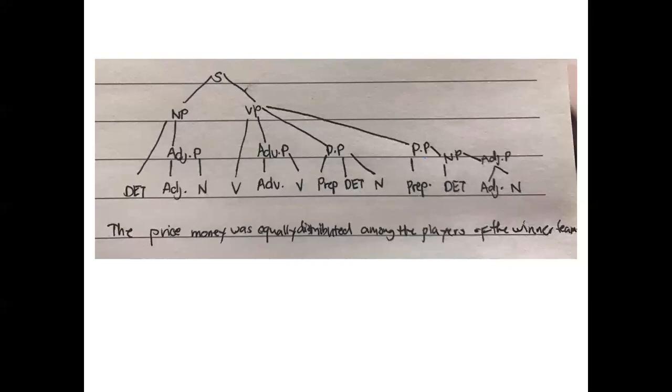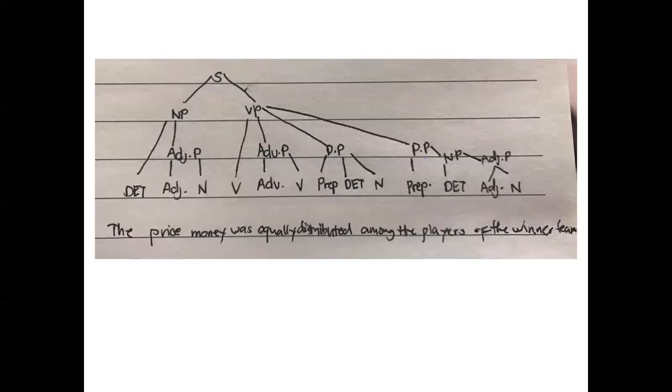So let's start with the verb phrase. We have was as the verb and equally distributed. So that is a verb phrase because distributed is a verb. Then how, or in which manner? It is equally, or in an equal manner.